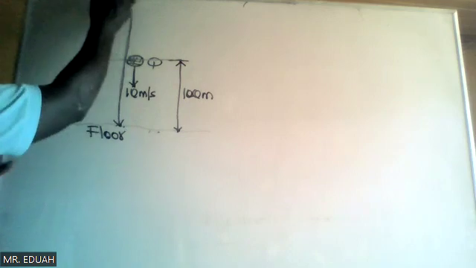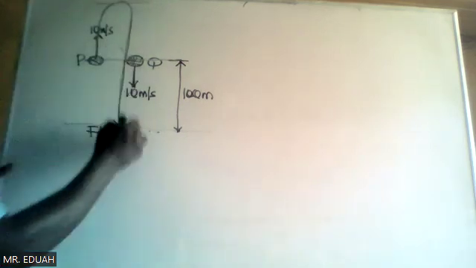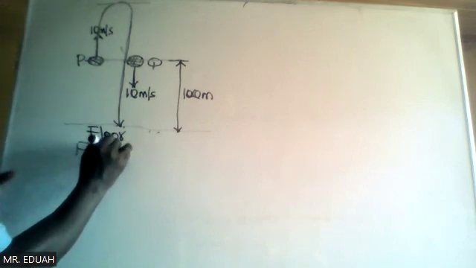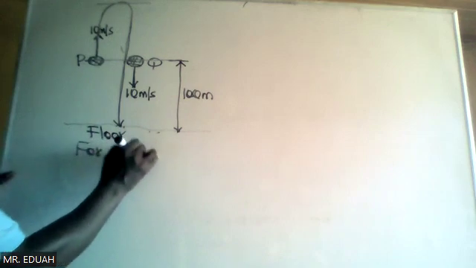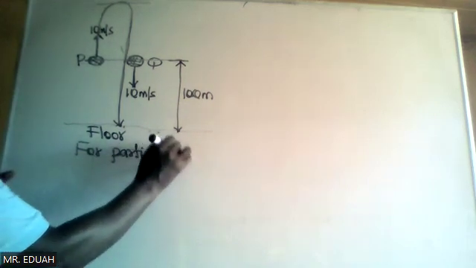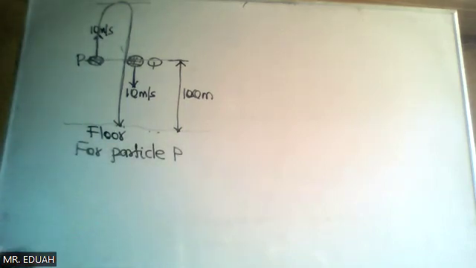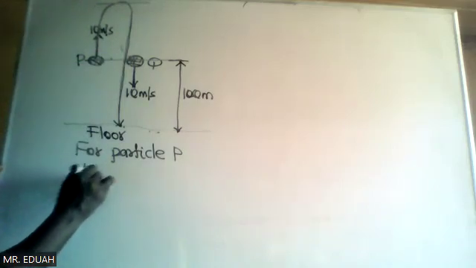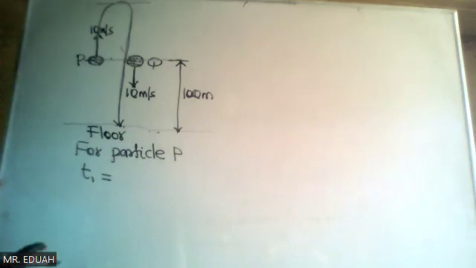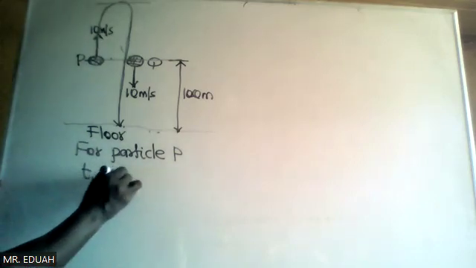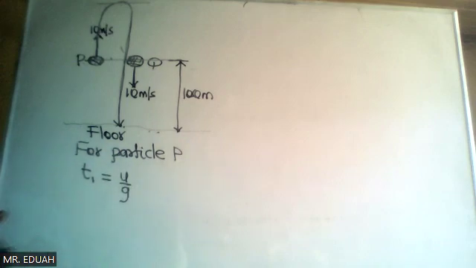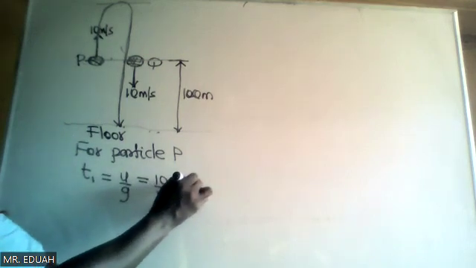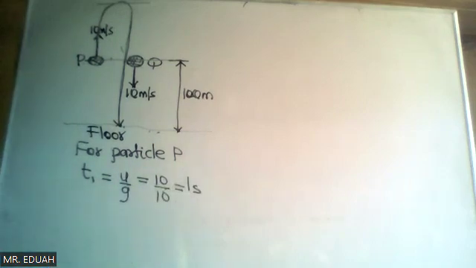For particle P, we need to determine the time taken to reach the maximum height, T1. The time taken to reach the maximum height for vertically upward motion is U over G. So this is 10 over 10, which is 1 second.